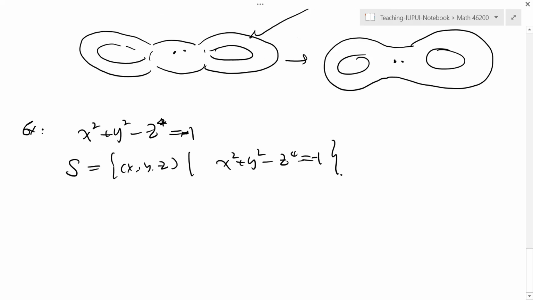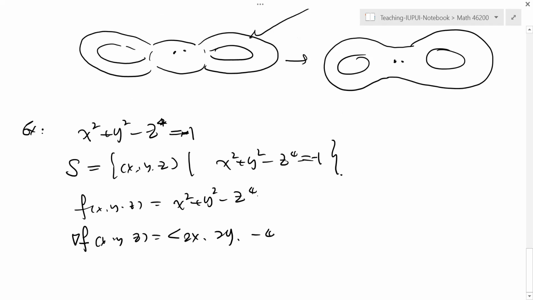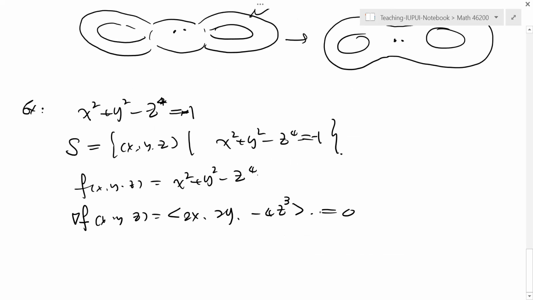All right, so first of all, it's a surface. How do you show that? Well, we let f be x squared plus y squared minus z to the 4th power. So the gradient of this function is going to be 2x, 2y, and negative 4z cubed. In general this is not going to be 0. It's 0 if and only if x, y, z is the origin.